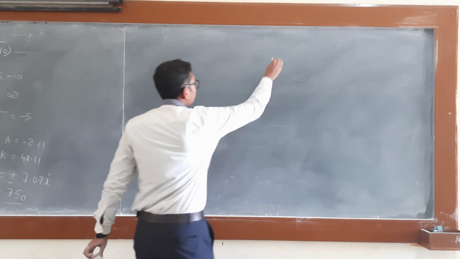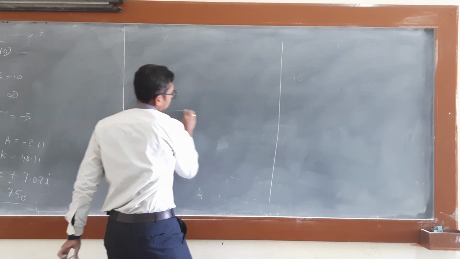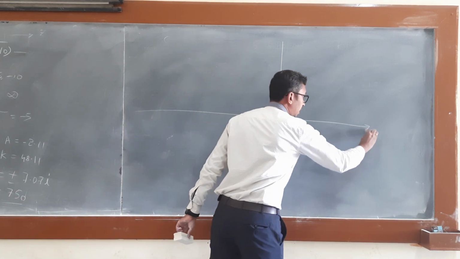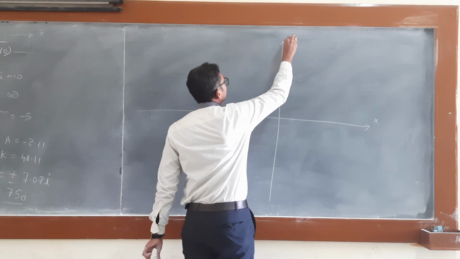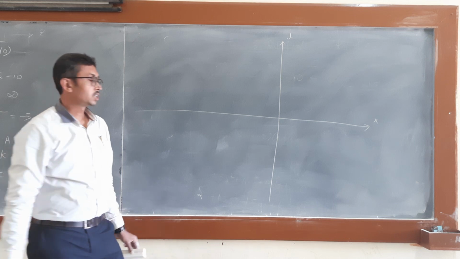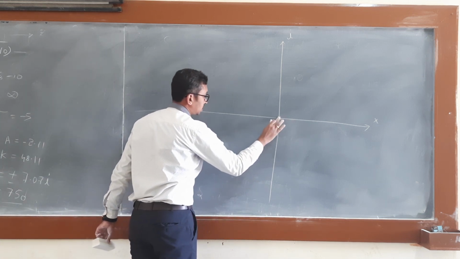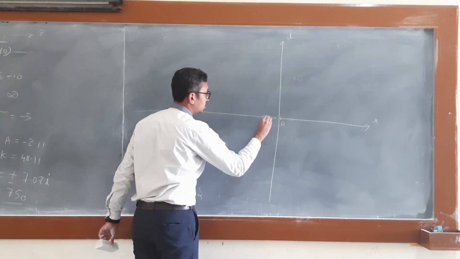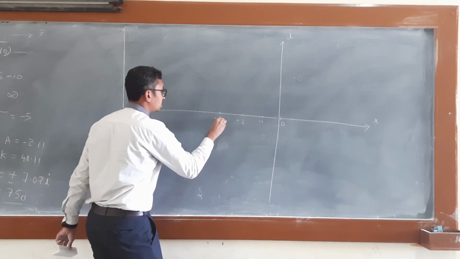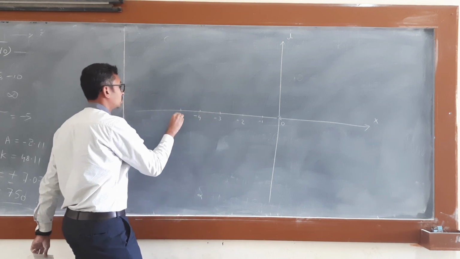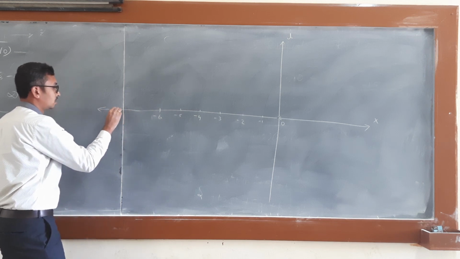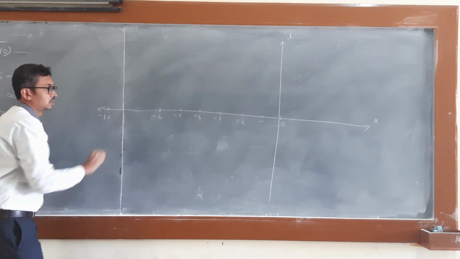Okay. So I am going to draw the pole zero plot. So x-axis is the real axis. This is the imaginary axis, that is the y-axis. So by using an approximate scale, I am going to mark 0, minus 1, minus 2, minus 3, minus 4, minus 5, minus 6, up to minus 10.